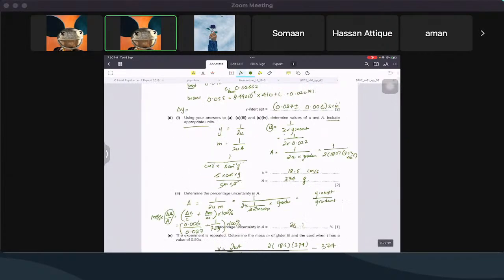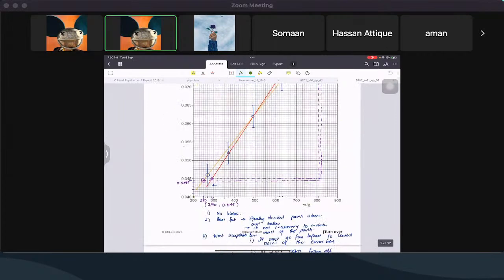That's 350, 60, 70, so 374 will be somewhere in the middle. We go up to the best fit line, and this would be the velocity. This is 51, 52, 53, 54, 0.0545. Wait, we have to add this.